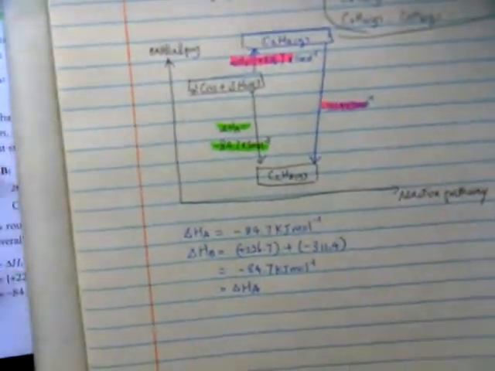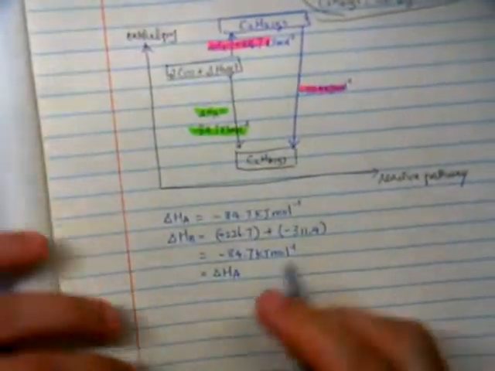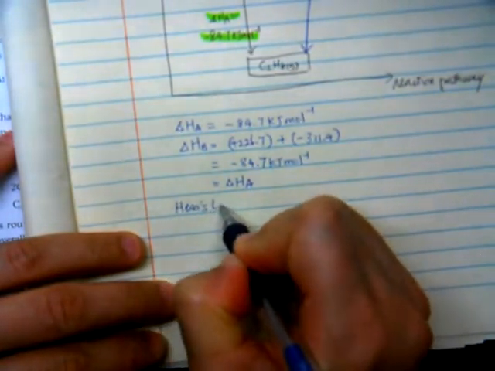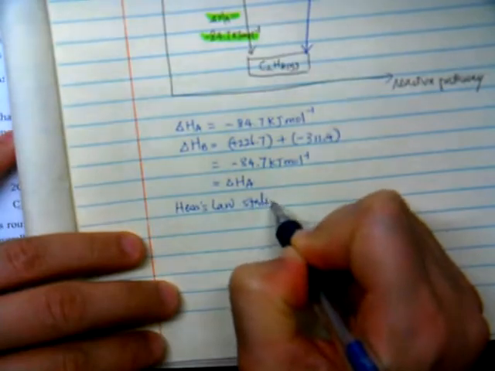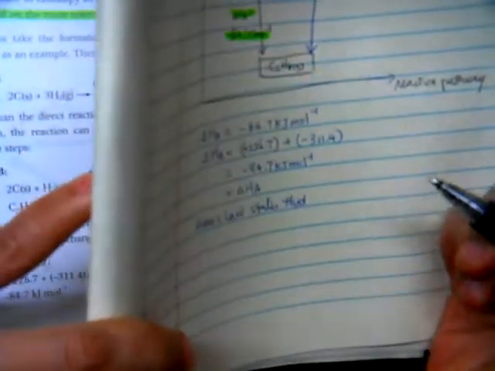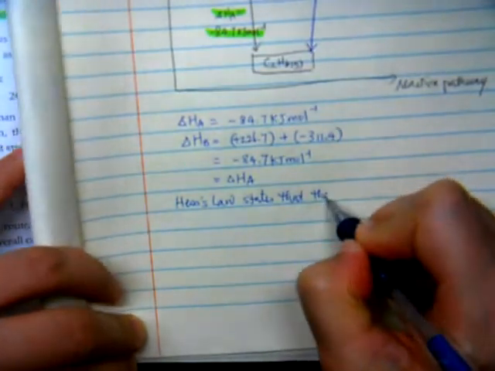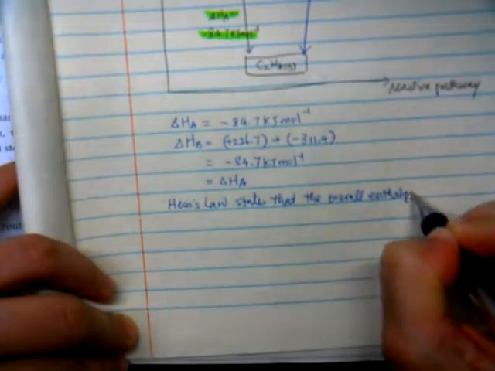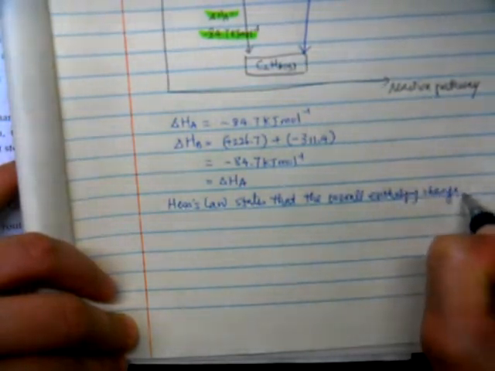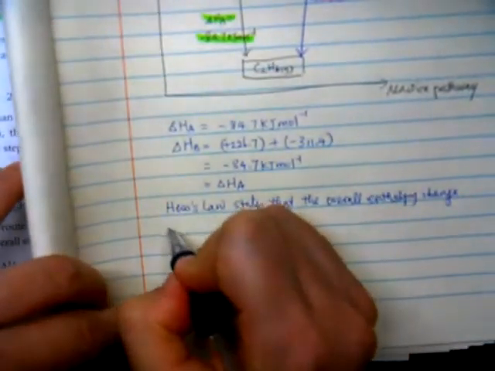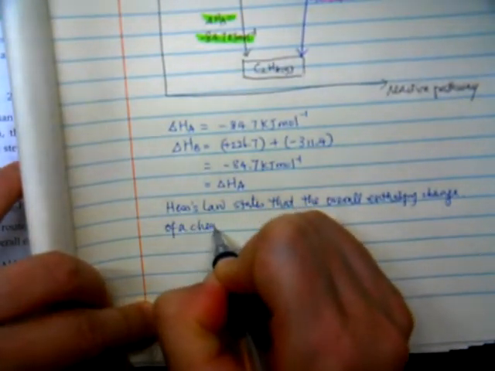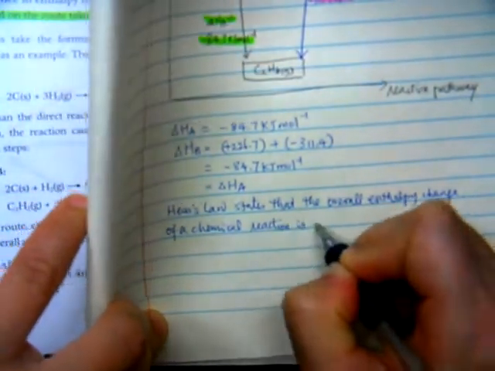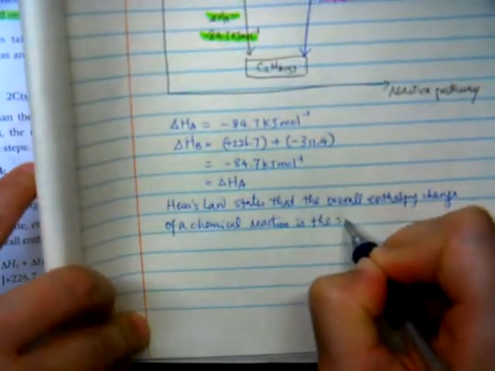Okay? So, by using this example, let's write down Hess's law. What is Hess's law? Hess's law states that the overall enthalpy change, you may imagine that is the overall change of a chemical reaction, will be the same.